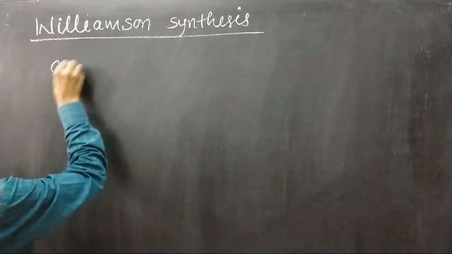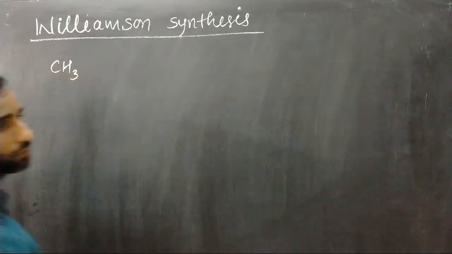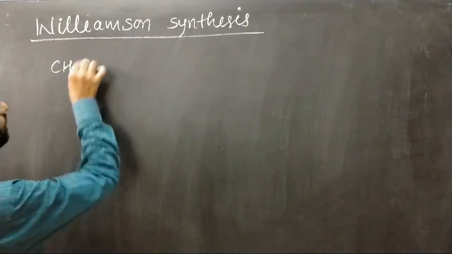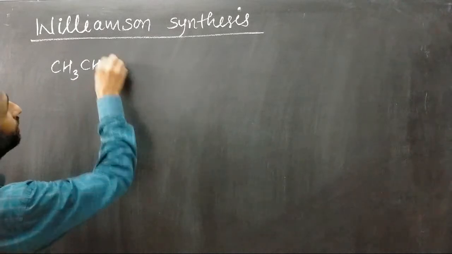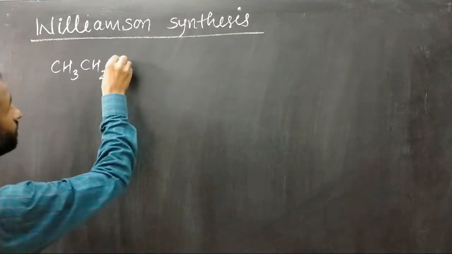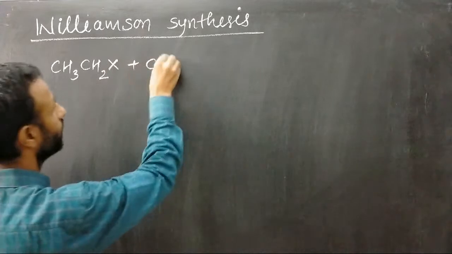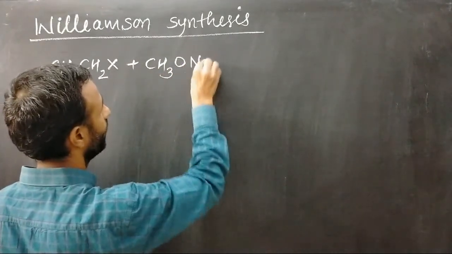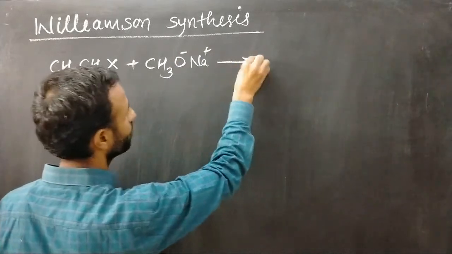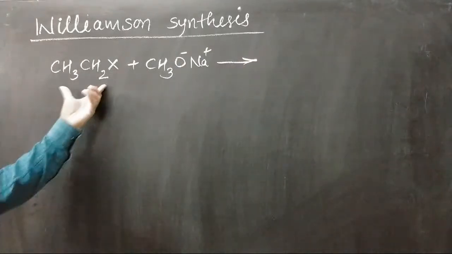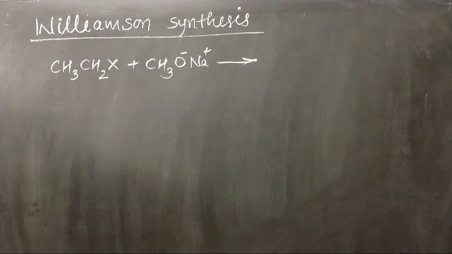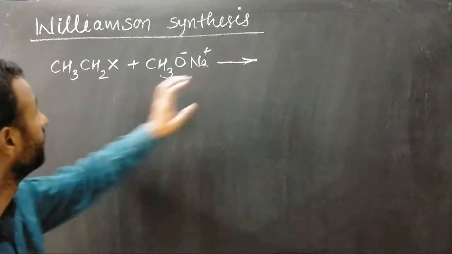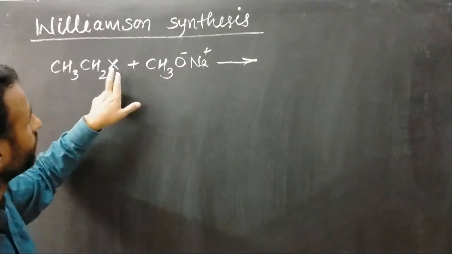For example, if we would like to prepare ethyl methyl ether, what we do? We take alkyl halide along with sodium methoxide. We have ethyl halide with sodium methoxide, and what happened?